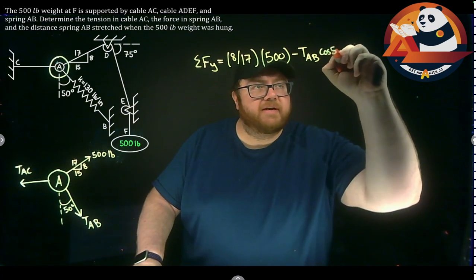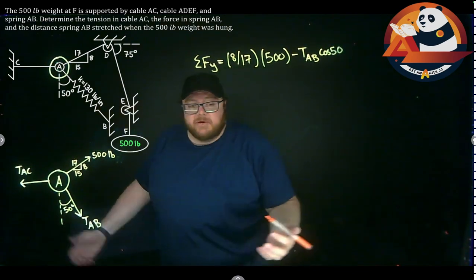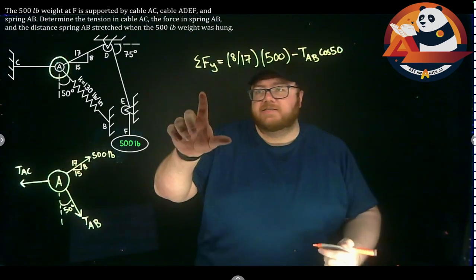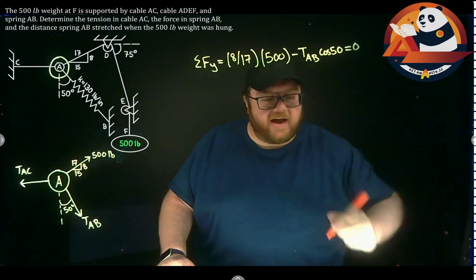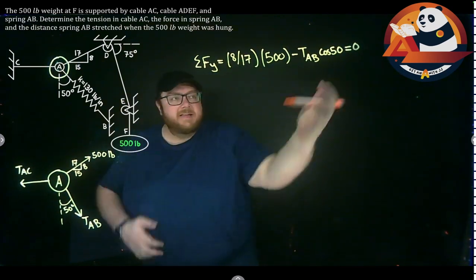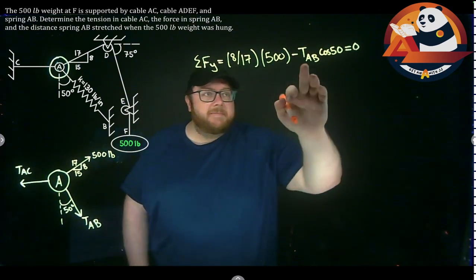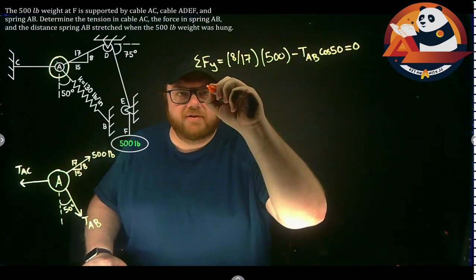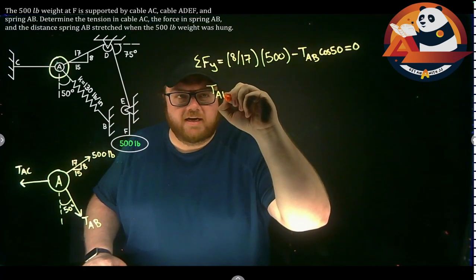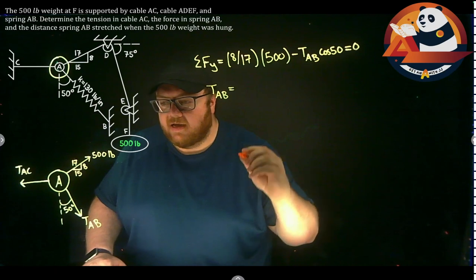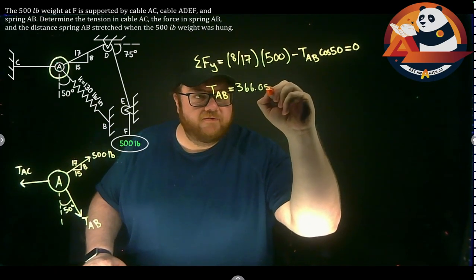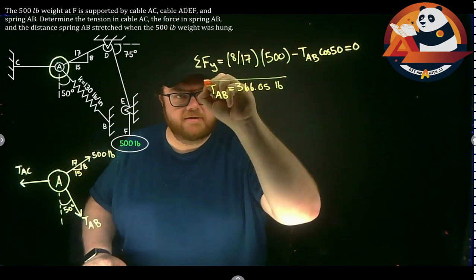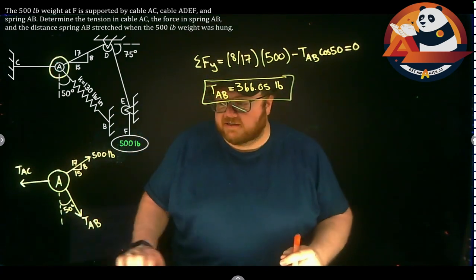Cosine of 50. And finally, I'm setting up an equilibrium equation, so this all adds up to 0 for equilibrium. T_AB is my only unknown. I can solve for this, and I'll get that the tension in cable AB is 366.05 pounds. And that's my first answer.